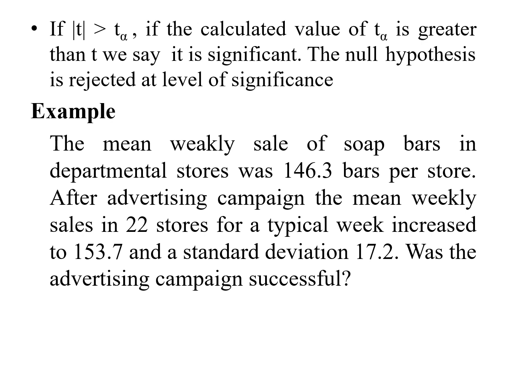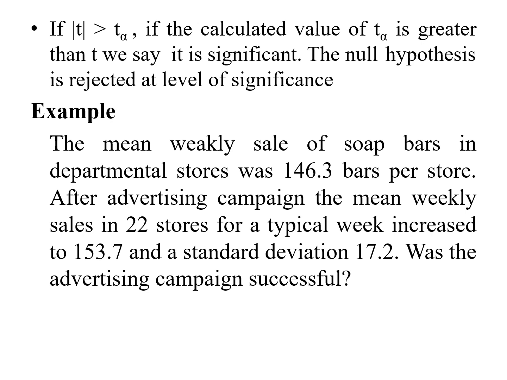So what is given in the problem: the mean weekly sale of soap in a departmental store was 146.3 per store before advertising. After advertising, it increased in 22 departmental stores to 153.7.